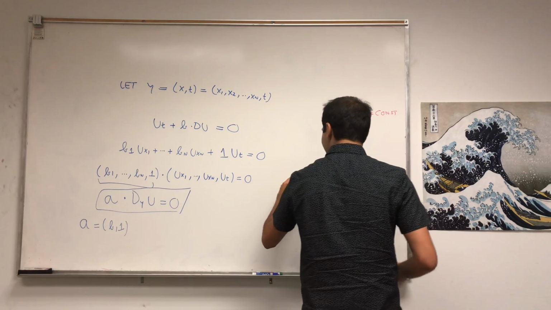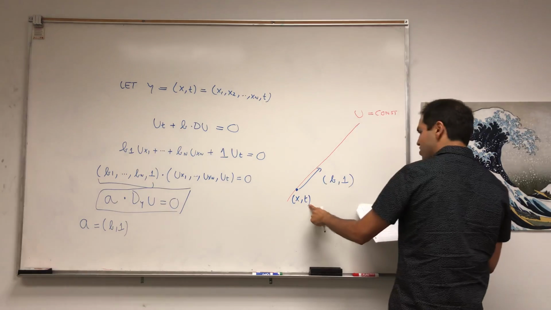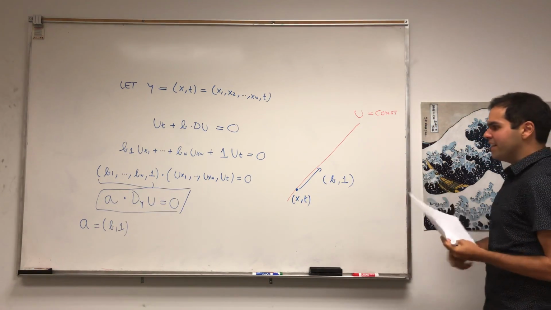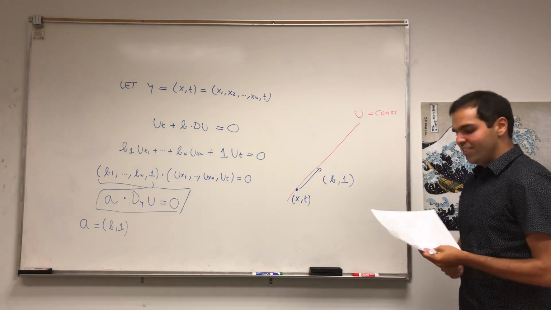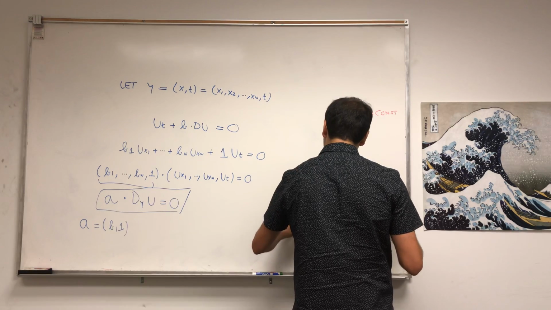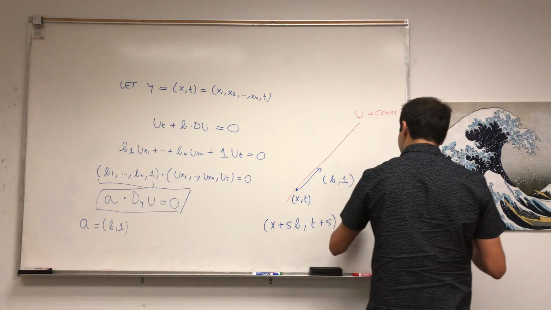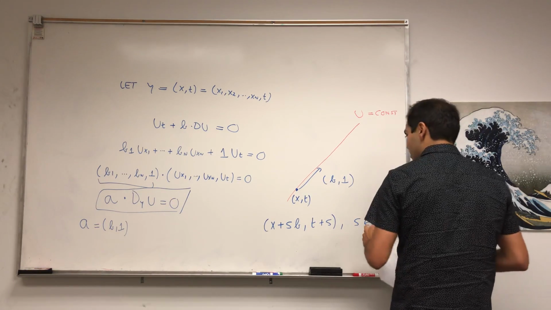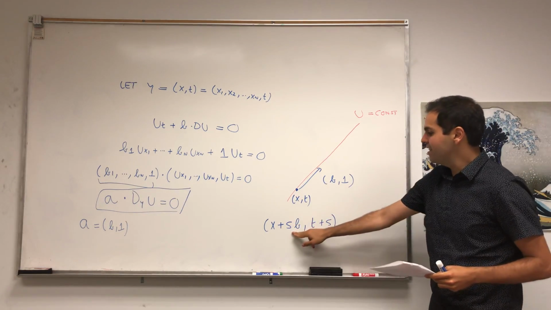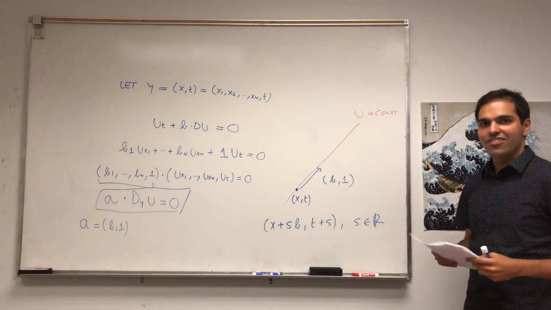Let's find a parametric equation of that line. Suppose you start at (x, t) and you go in the direction (b, 1). Then a parametric equation would be given simply by (x plus s b, t plus s), where s is in R. Because you start at x, you go in the direction b in the x direction, and then you go in the direction 1 in the t direction.